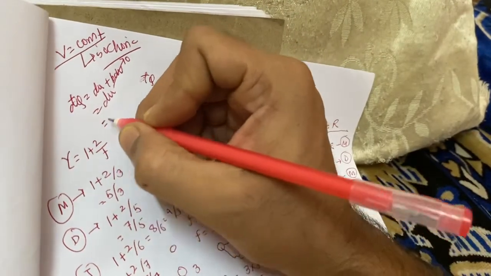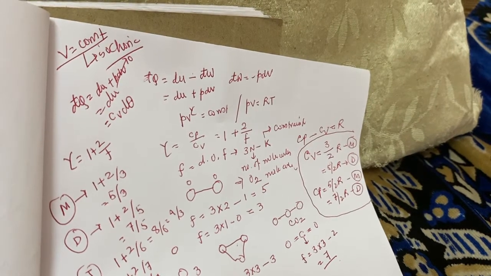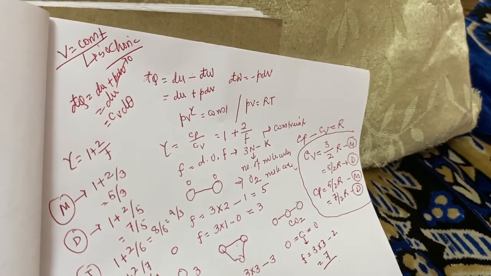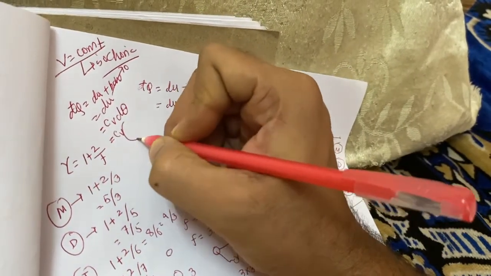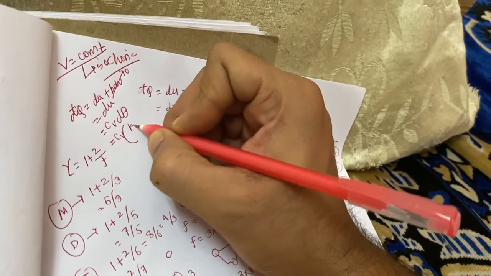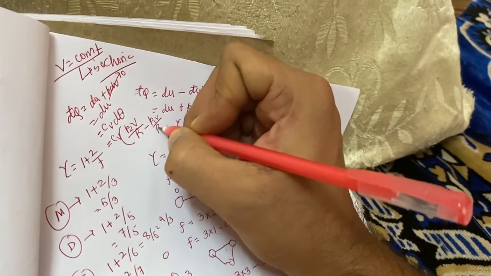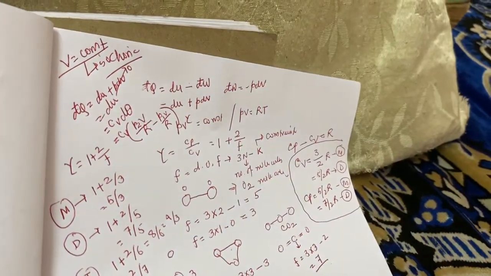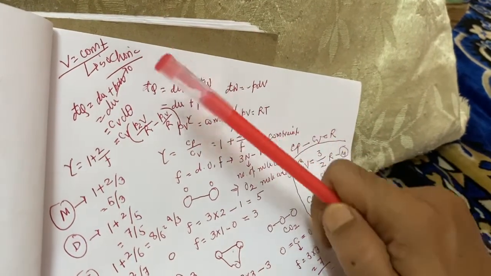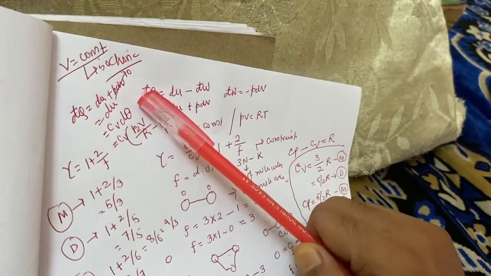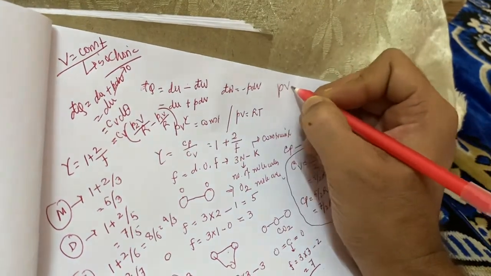Again we know du is equal to Cv d theta. I am repeating, for an isochoric process this term vanishes, so it becomes du, and du equal to Cv d theta for an ideal gas.